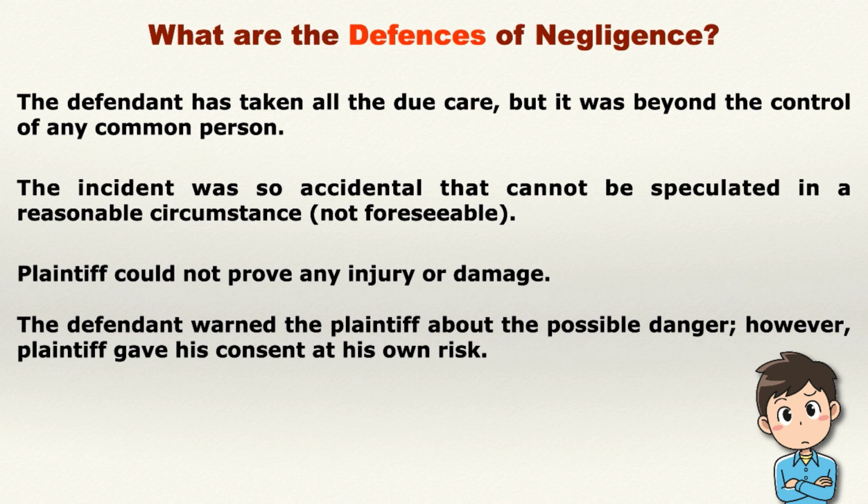If someone driving fast says, I drive fast, so don't sit with me or in my car, even then the plaintiff said no, I am ready to take the risk. Even in that condition, the plaintiff has given his consent. So the defendant won't be liable.